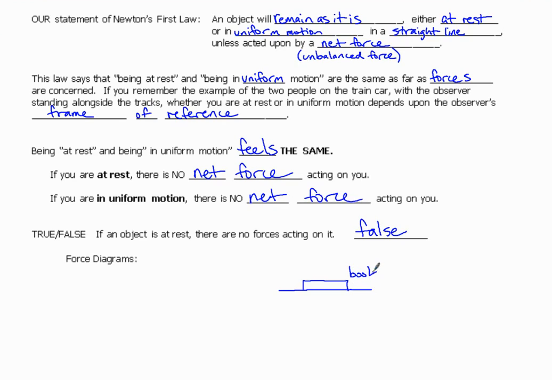So here's the book. Here's the shelf. There is no net force, but gravity is acting on the book. And something is keeping gravity from pulling the book down. There are forces acting upon it, but since it is at rest, there is no net force.